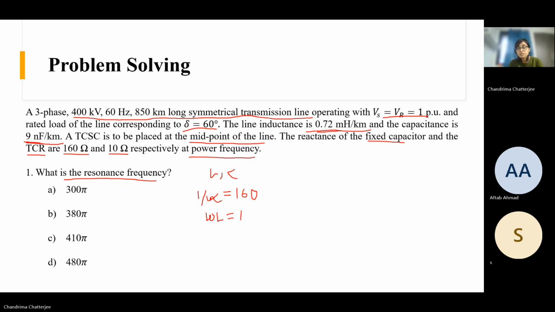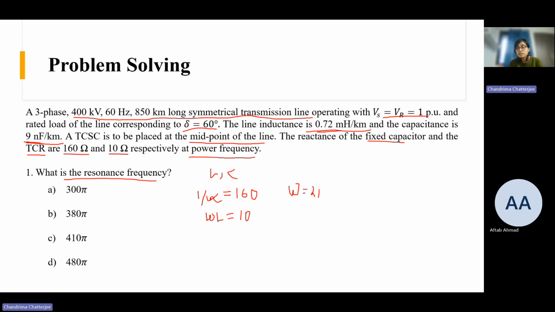And what is omega here? Omega is 2 pi times 60, because 60 hertz is the power frequency, that is equal to 120 pi radian per second. That is omega. So if we solve for L and C, we know the omega value, and we can find out what L is and what C is.